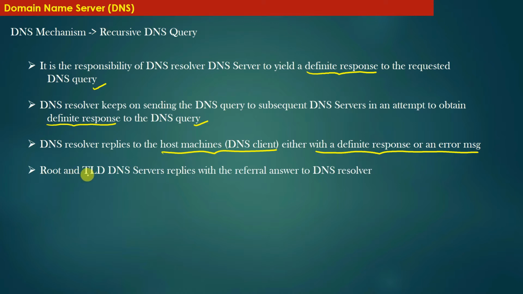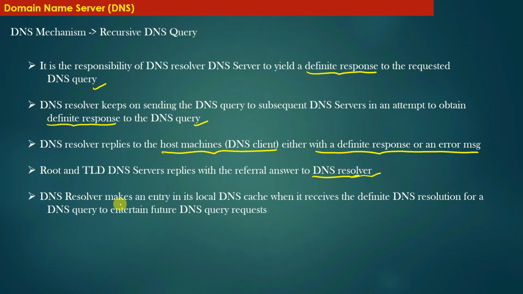The root and top level domain name servers reply with a referral answer to the DNS resolver. The DNS resolver makes an entry in its local DNS cache when it receives the definite DNS resolution for a DNS query, to serve future DNS query requests.